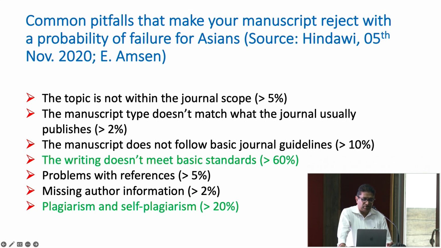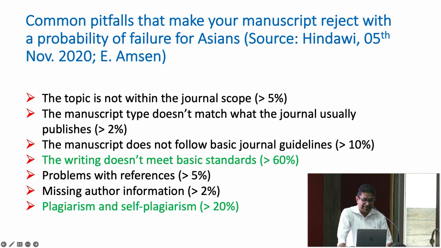The topic is not within the journal scope, right? So usually a little more than 5% falls into this category. The manuscript type doesn't match what the journal usually publishes. Very rare, basically whether you belong to that particular journal or not, roughly 2%.